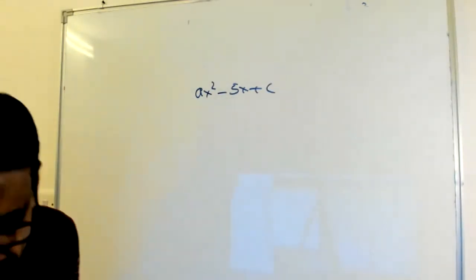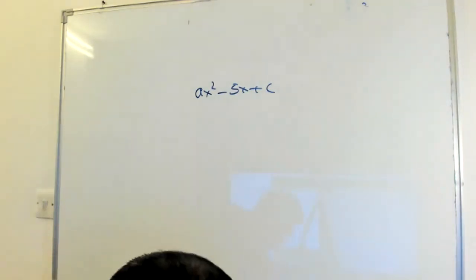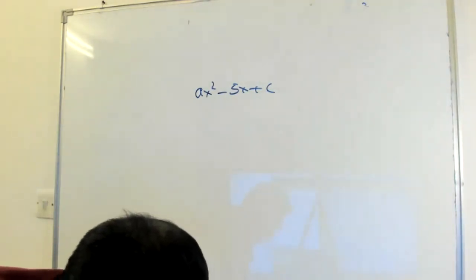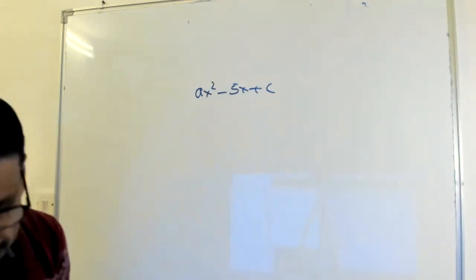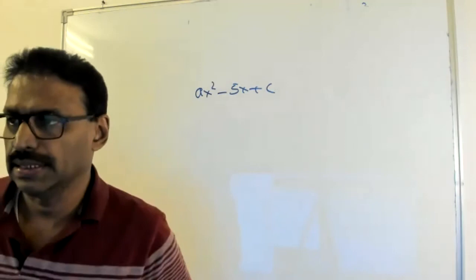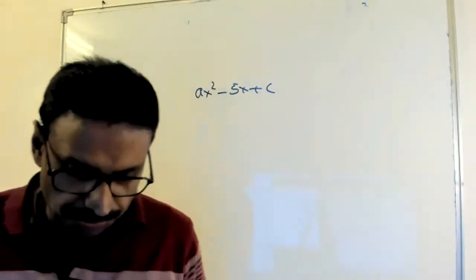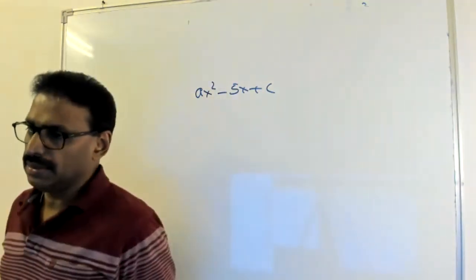If the sum and product of the zeros of the polynomial ax square minus 5x plus c are equal to 10 each, the sum is 10, product also 10. Find the value of a and c.